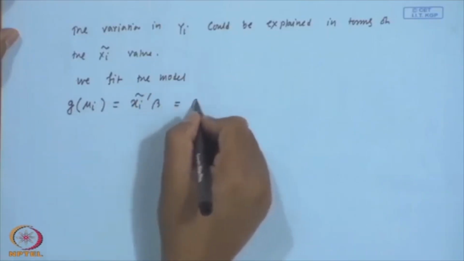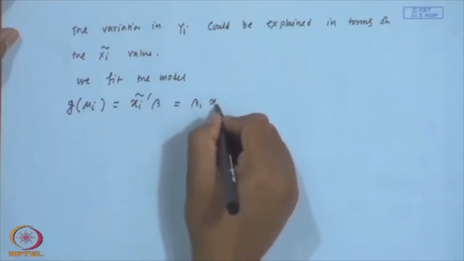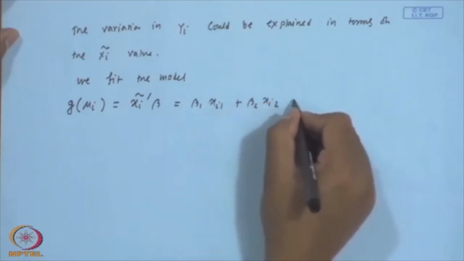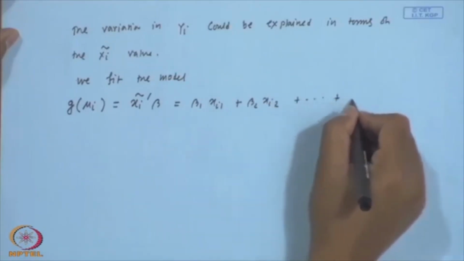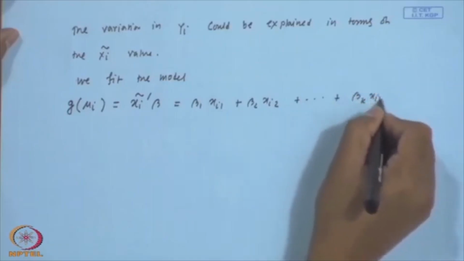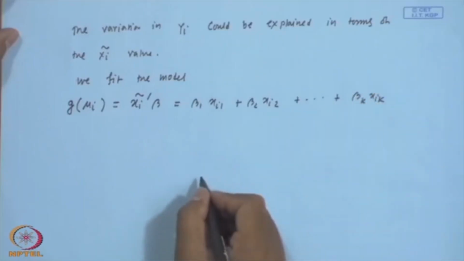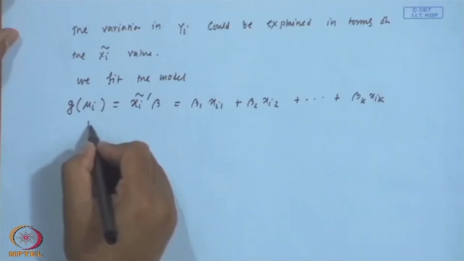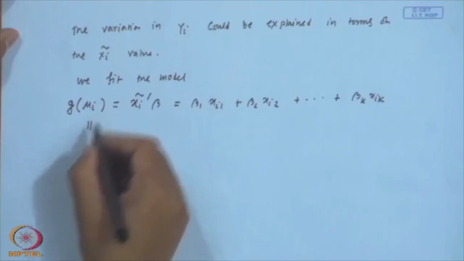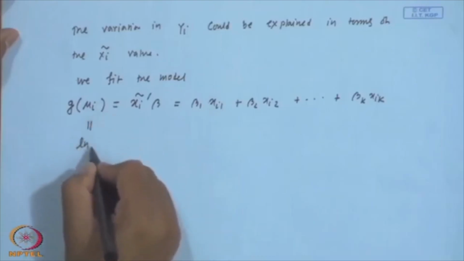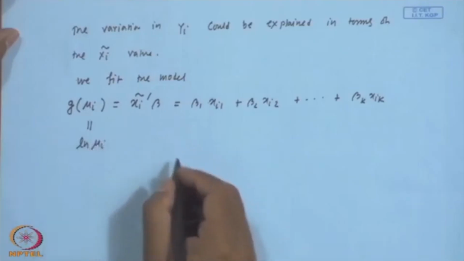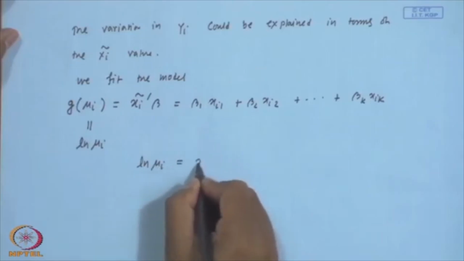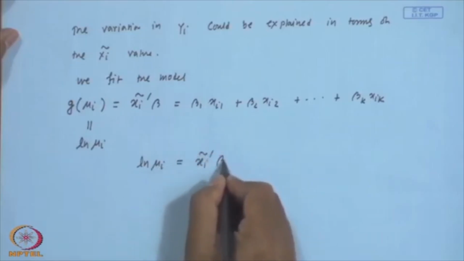So, which is equal to beta 1 x_i1 plus beta 2 x_i2 plus, say, beta k x_ik, right. And this g(mu) is the link function, which is nothing but the natural parameter, that is ln mu_i. So, the model we go for is that ln mu_i is equal to x_i prime beta.